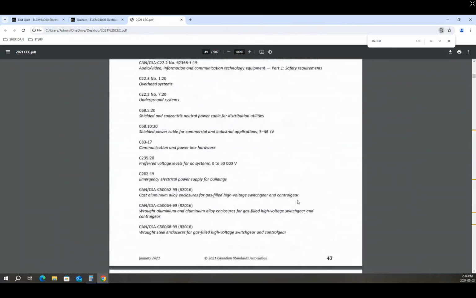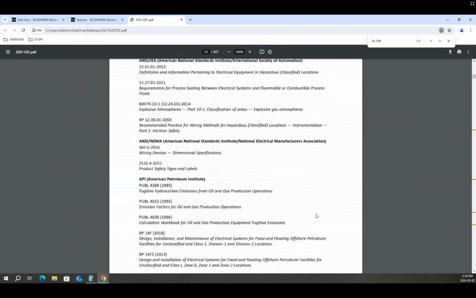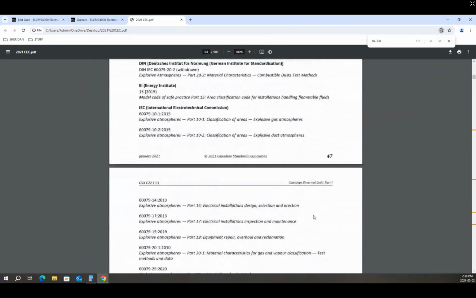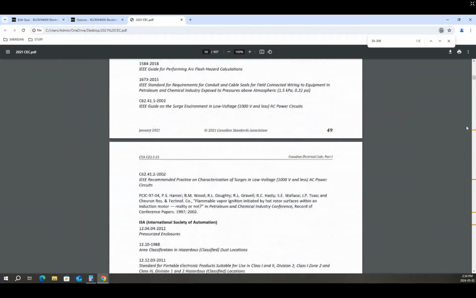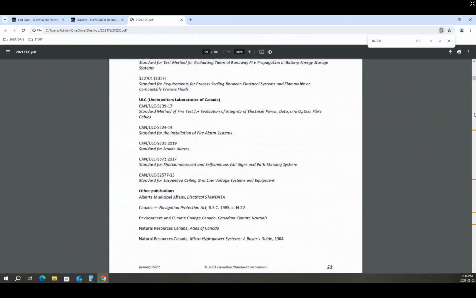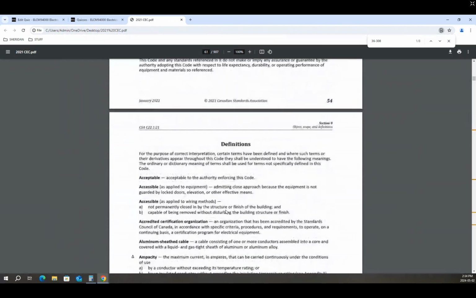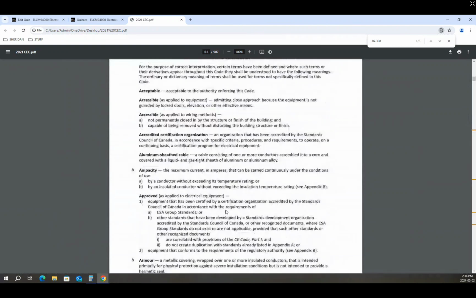Where are the definitions? Let's go to definitions.